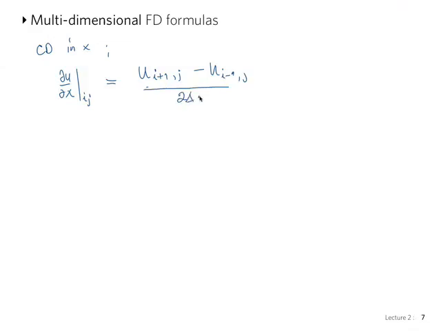Divided by 2 delta x this time, and the order is delta x squared, and so on. It's quite obvious. Okay, so now we have all the ingredients that we need.